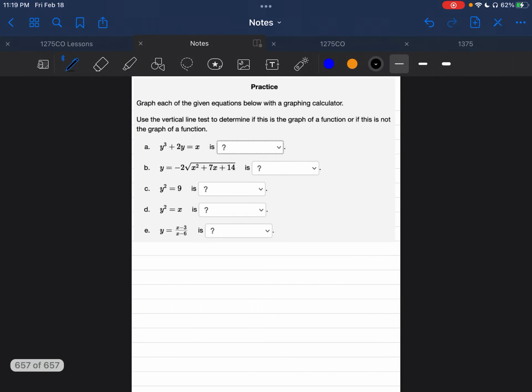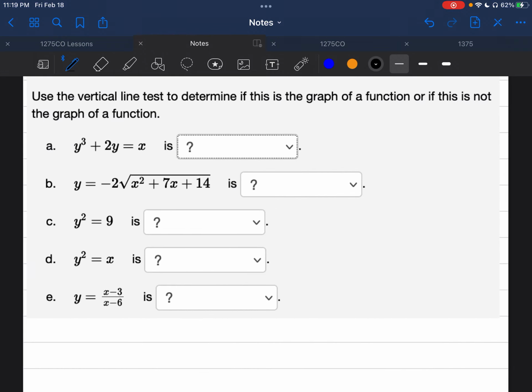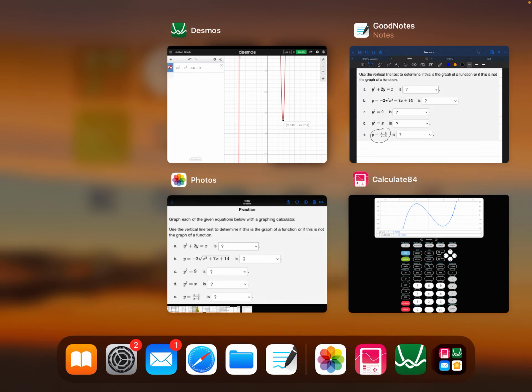Now, typing in different kinds of functions is tricky with a TI-84 or a TI-83. All right, let's look at part E, this rational function, x minus 3 over x minus 6.